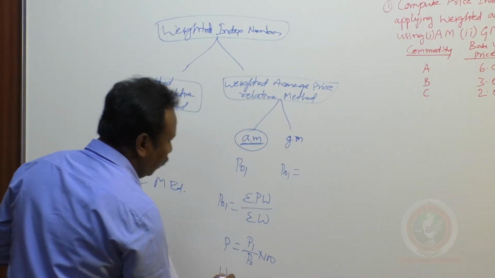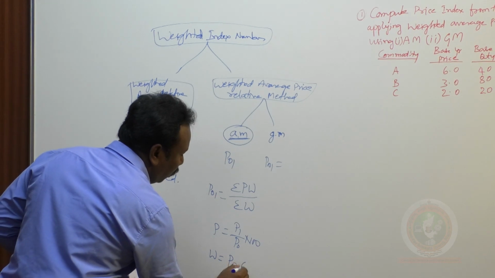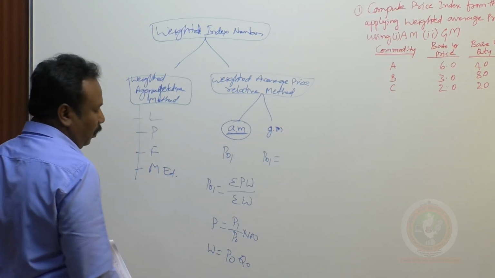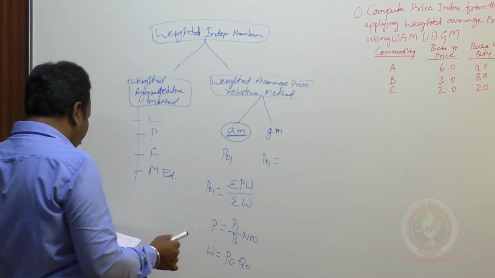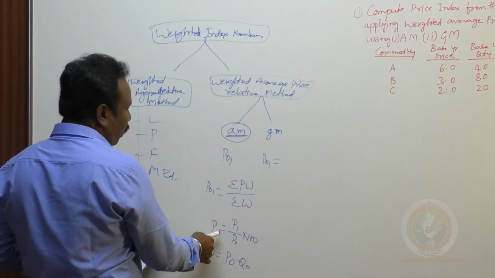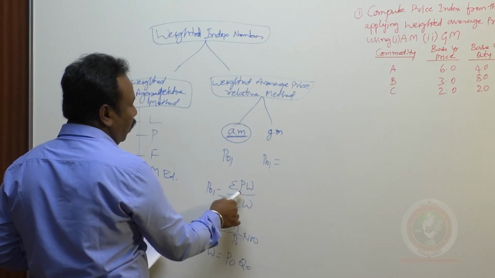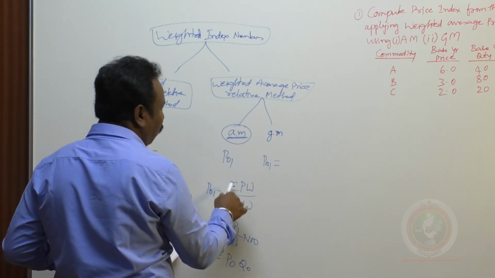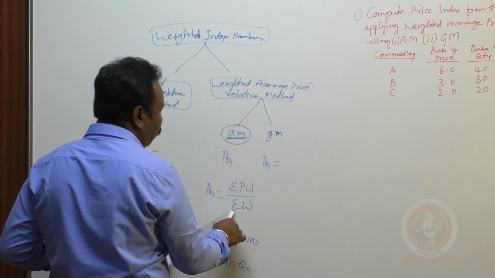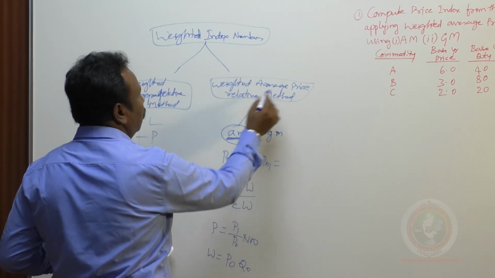W is nothing but P0 and Q0, the base year price and base year quantity, which give the weights. P equals P1 divided by P0 into 100 is the price index value. So summation of P into W divided by summation of W gives the arithmetic mean of the weighted average price relatives method.